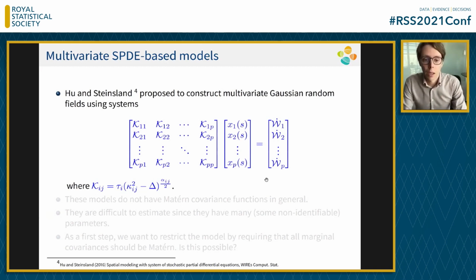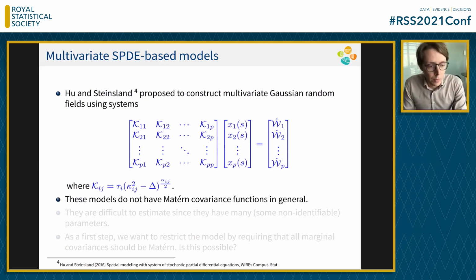This is something that has previously been investigated by Hu and Steinsland, where they looked at using systems of stochastic PDEs of this form to construct multivariate Gaussian random fields. So here you have a matrix of operators where the operators are exactly of this form that we had for the Matérn covariance.